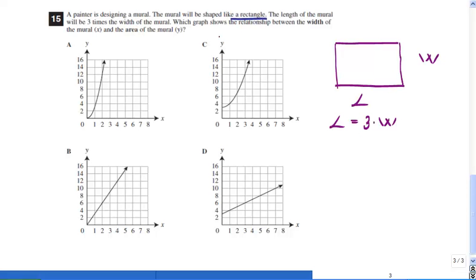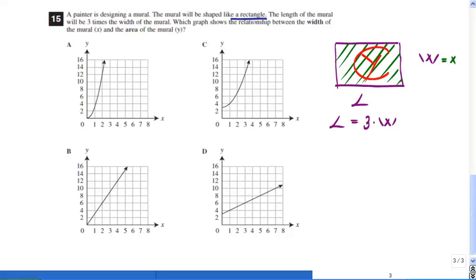More than that, the problem says, because we're looking at 4 different graphs in terms of x and y, please consider that your width is representing the x. So your width will be given by x, and the area of this mural, the whole surface inside it, is y.